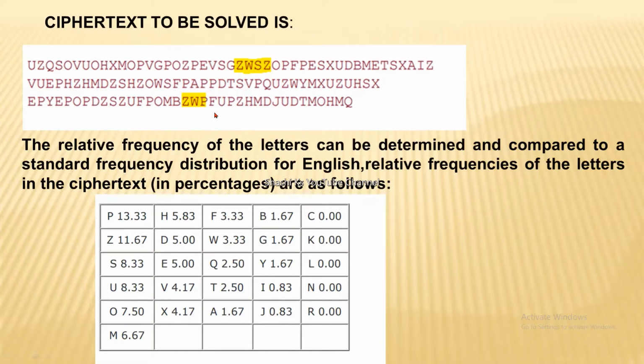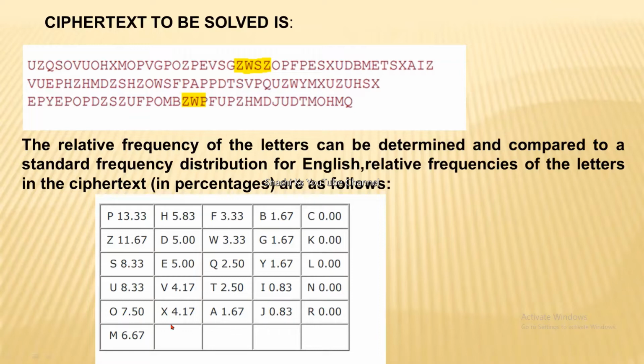In this ciphertext, the frequency percentage for the letter P is 13.33, for the letter Z it is 11.67, for the letter S it is 8.33, and so on. This is the frequency distribution of the letters in percentage in this particular ciphertext.